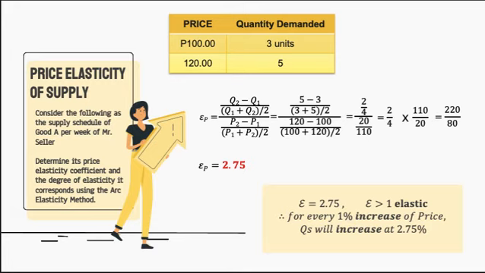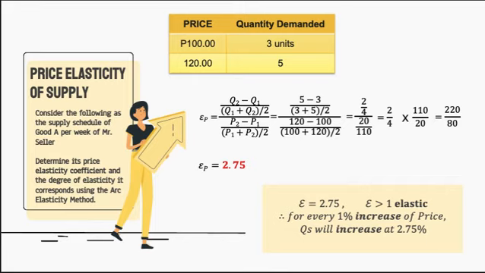Consider the following as the supply schedule of good A per week of Mr. Seller. We need to determine its price elasticity coefficient and the degree of elasticity it corresponds to using the arc elasticity method.